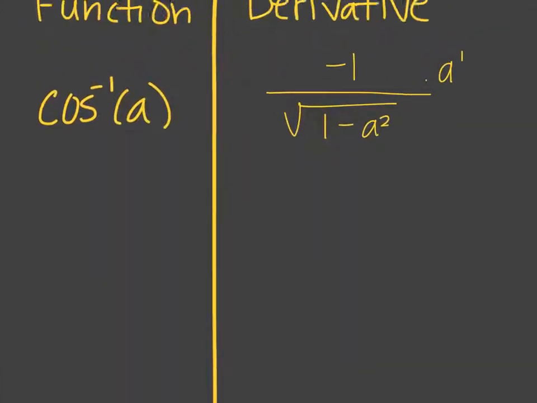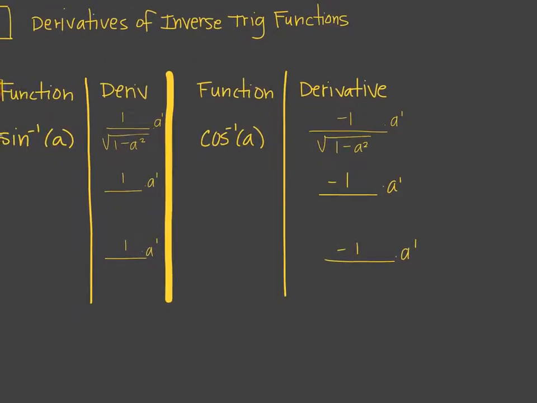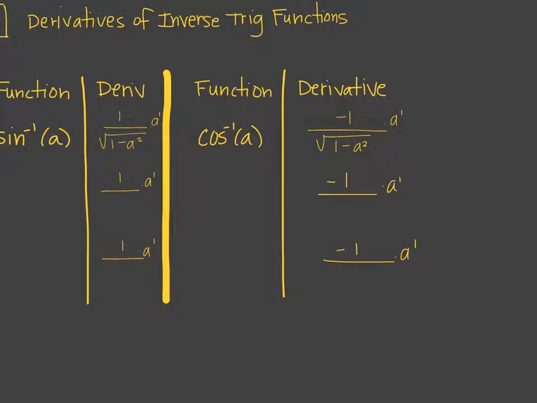And then all the co-functions are going to be negative 1 over something times the chain rule. So that's where the similarities are. It's always a fraction. It's always divided by something, and then always multiplied by the chain rule.